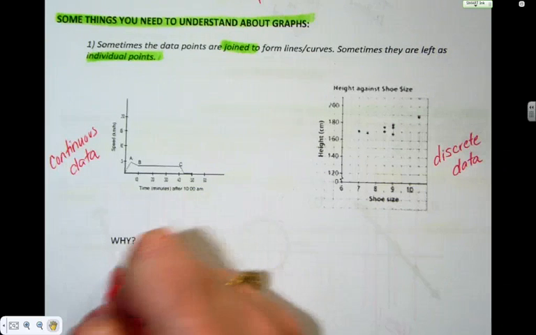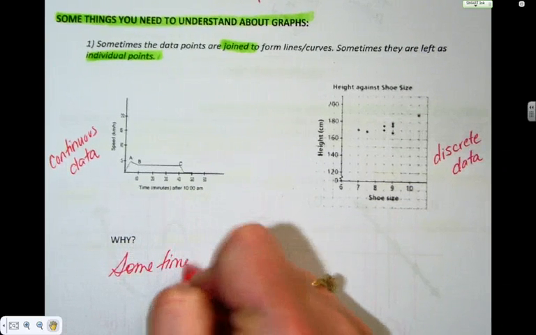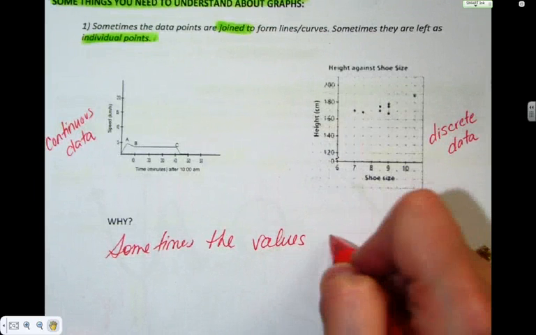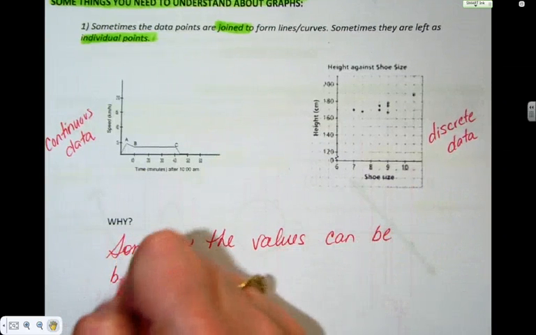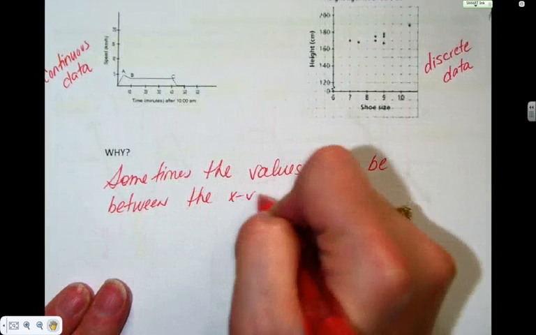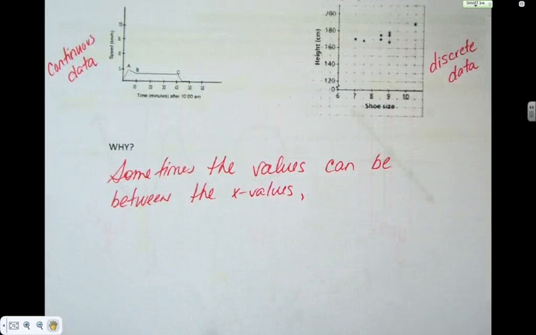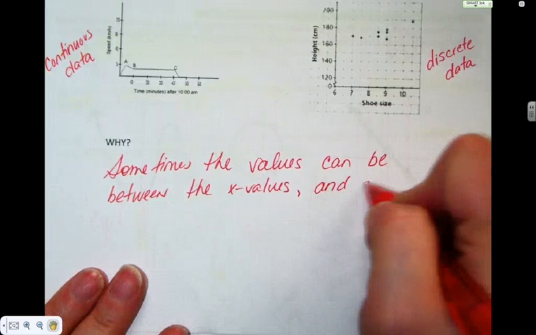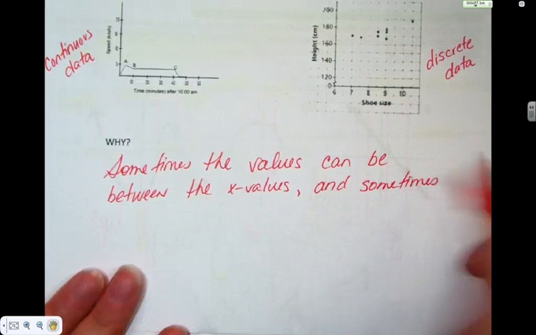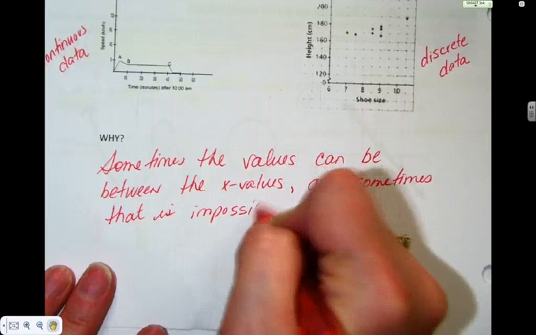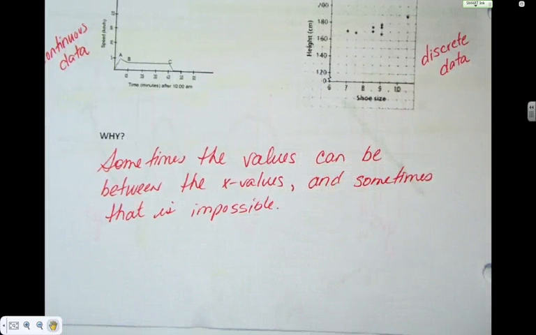So why? Sometimes the values can be between the x values, and sometimes that's impossible.